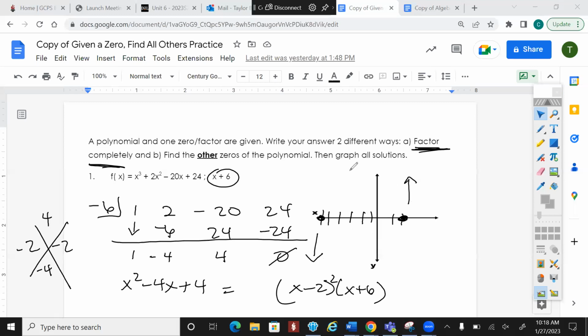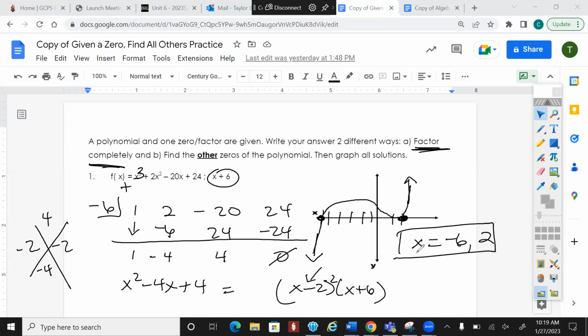So if this is a third degree polynomial, then it's going to look like this, because it's a third degree polynomial that's positive. Yep. So you have to synthetically divide, and then we factored. When we had this x minus 2, then we solved for it. Yep. So our zeros are at negative 6 and 2.